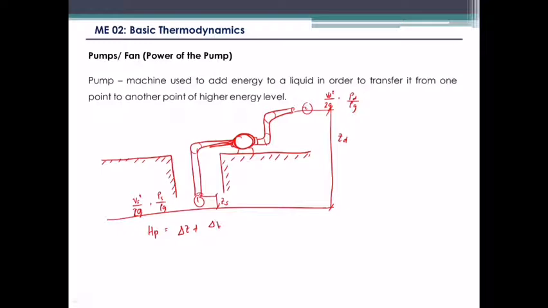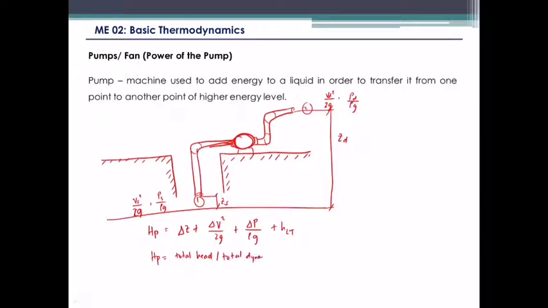So it's basically the difference in the elevation head plus the difference in the velocity head plus the difference in the pressure head of this system, plus the total head loss. Again, HP here is not horsepower, but it is the total head or the total dynamic head.